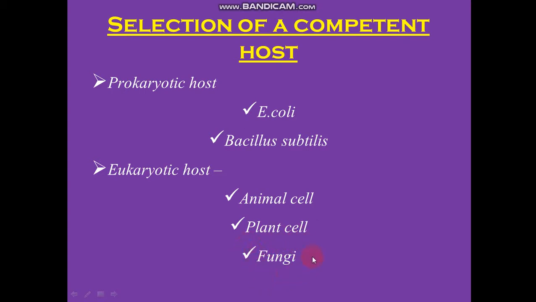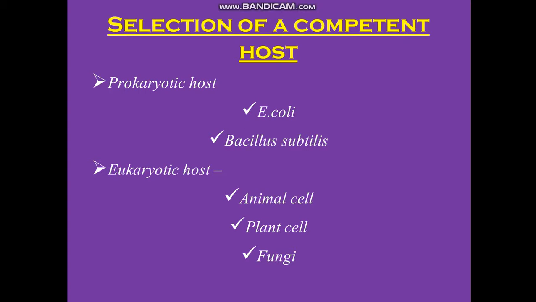The fungi cell is the most preferred eukaryotic cell and the most preferred prokaryotic cell is Escherichia coli. Okay. Now, can you see any difference here in the structure? Of course, prokaryotic cells will not have a nuclear membrane present, whereas the eukaryotic cells will have a nuclear membrane.